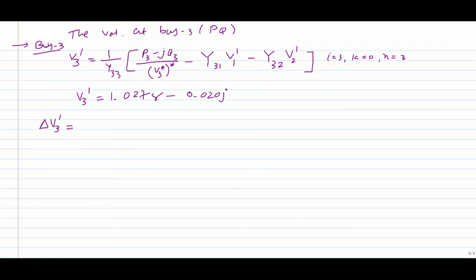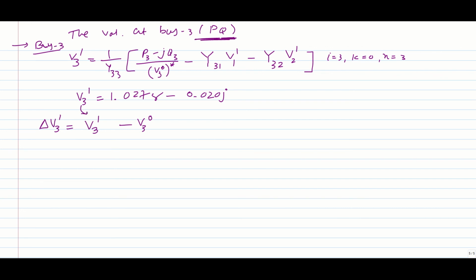Yes, we need to repeat the same process which we have previously done for the PQ buses. So the voltage change at bus number 3 is V31 minus V30.